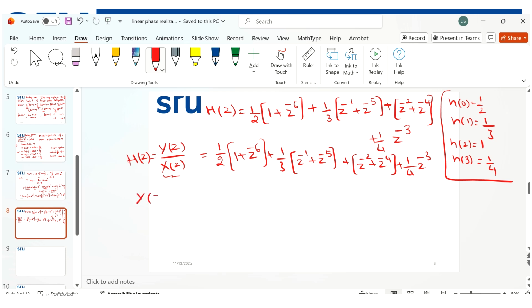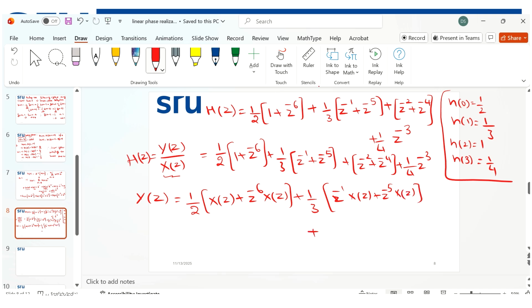Then you will have y of z is equal to 1 by 2 x of z plus z power minus 6 into x of z, plus 1 by 3, which is a constant, z power minus 1 into x of z plus z power minus 5 into x of z, plus x of z that is z power minus 2 into x of z plus z power minus 4 into x of z, plus 1 by 4 z power minus 3 into x of z.